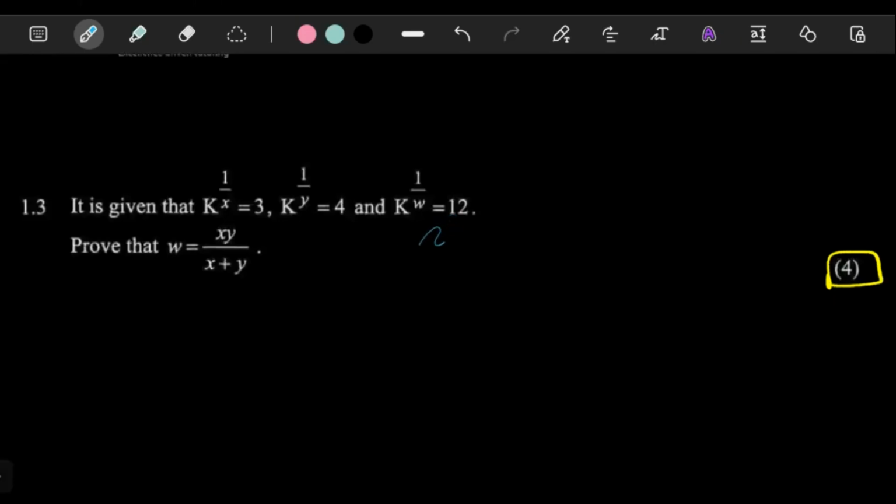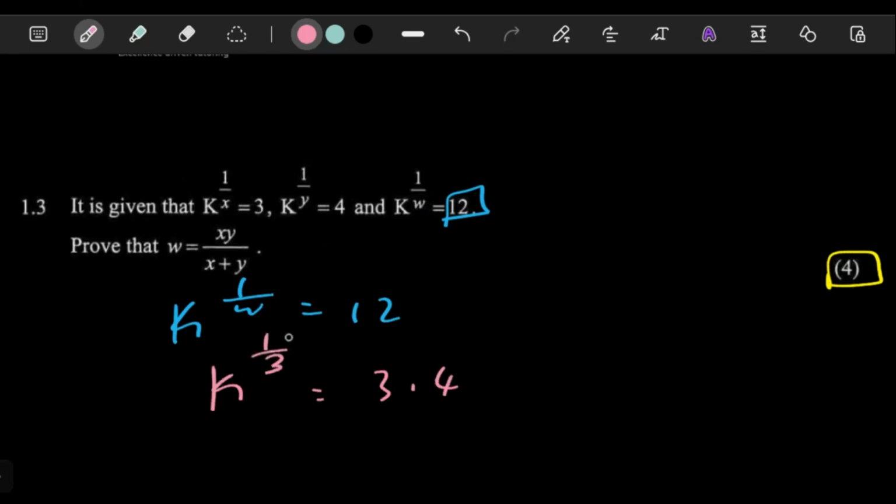So what we can normally do here is find common ground, the 12. You see here, K to the power of W is equal to 12. 12 can be written as 3 times 4, right? The good news is that we have the numbers 3 and 4 over here.